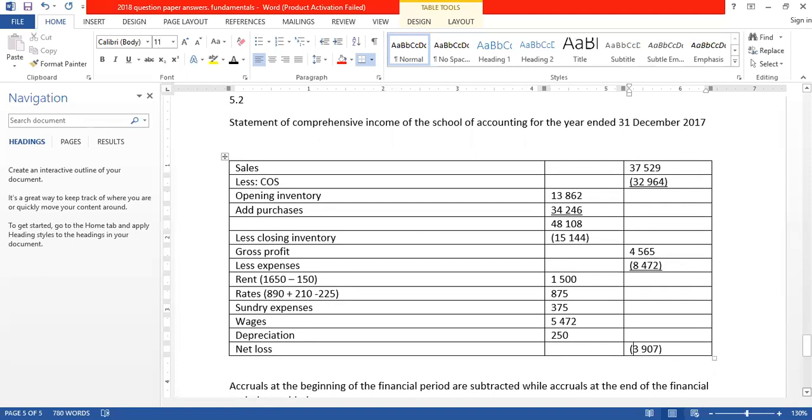Looking at the information you're given, our expenses were more than our gross profit, and that's why we made a net loss of 3,907. So that was it for question 5.2. Unless you have any other questions, please unmute yourself and ask me.